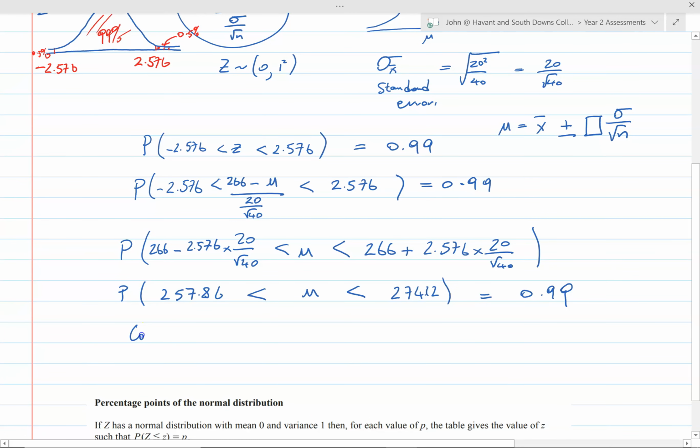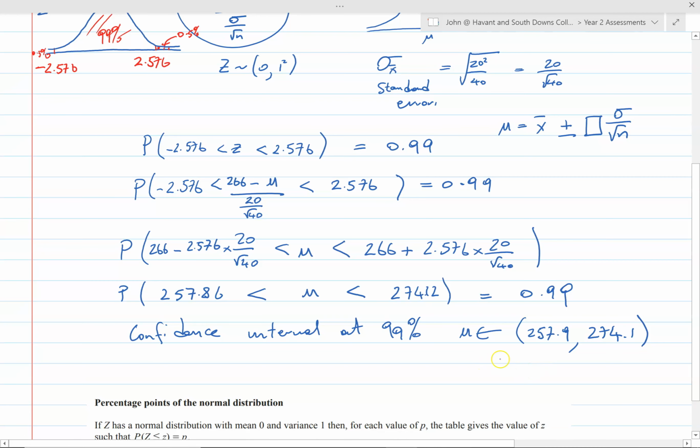You can write it in various ways, in words or whatever, but I'm going to write: the confidence interval at 99% is that mu is a member of 257.9 to 274.1. Okay, so that's a confidence interval for mu at 99%.